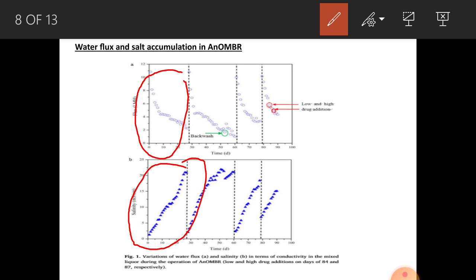But the membrane permeability can be effectively recovered by chemical cleaning, like using hydrogen peroxide.